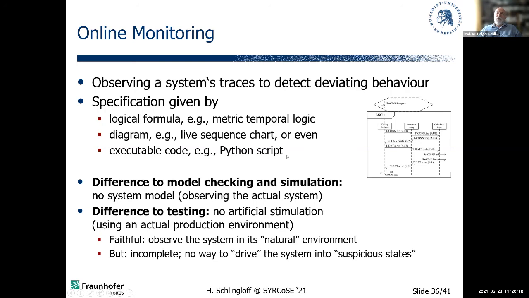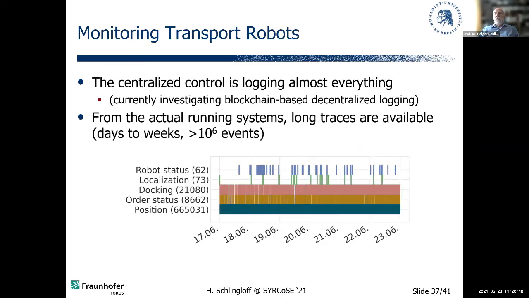There's an upcoming project where we will implement that, where we supervise the system with a script, and then we evaluate the results of the script with respect to a formula. Of course, this is not model checking, it's not simulation, and it's also not testing, because we have no artificial stimulation. We just observe the system. But of course, we want to get some meaningful results out of this.